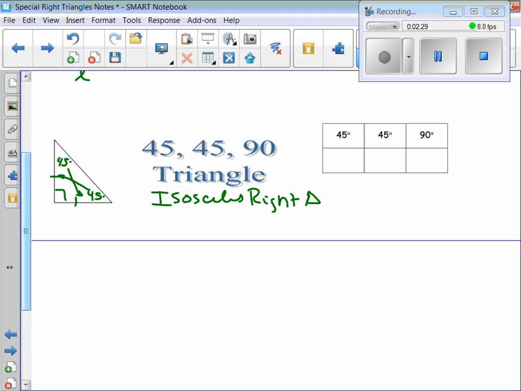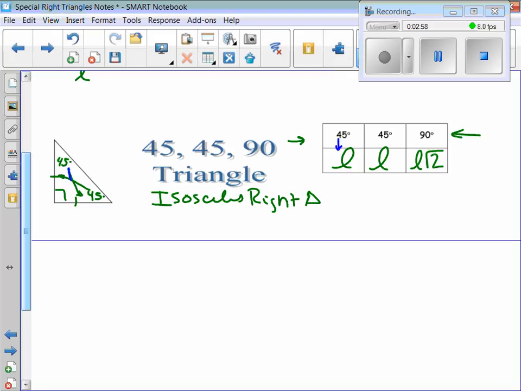So if we have a 45, 45, 90 degree triangle, we're going to set up our table again, this time for our new triangle. We're going to think 45 is an L, 45 is an L, and 90 is an L times the square root of 2. So again, you are seeing that L goes with 45.